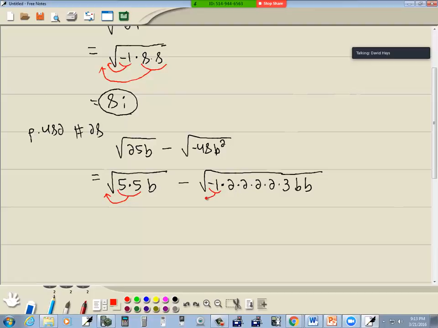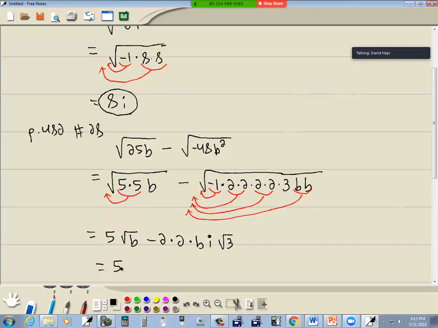This -1 will come out as an i. I'll have a pair of 2s comes out as a single 2. Another pair of 2s comes out as a single 2, and a pair of b's comes out as a single b. So we're going to have 5 square root of b minus 2 times 2 times b, and then i. The i comes from the -1, and we're left with a 3 inside.